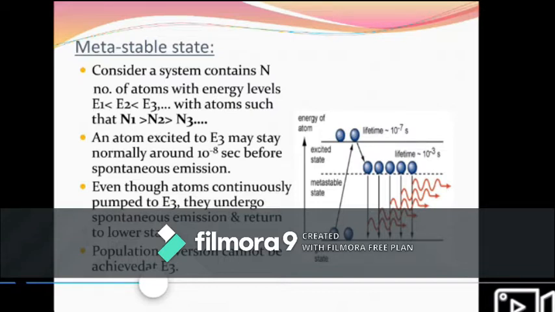Now, when such a large number of atoms are accumulated at that state, a spontaneously created photon within the system, whose energy difference is E2 minus E1, will come and hit this bunch of particles sitting at E2.